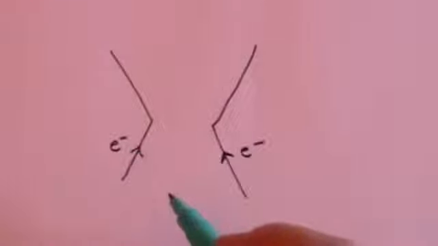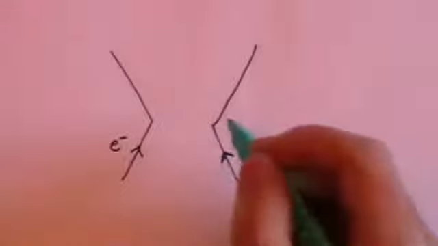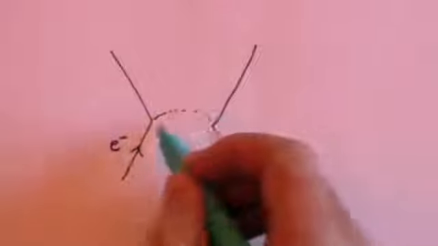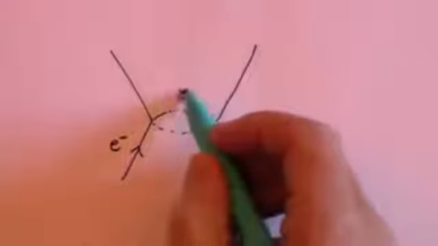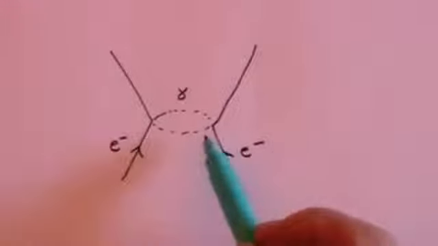What we've discovered is that the force exists because of virtual photons, which are called gauge bosons, or if you like, exchange particles, which are virtual because they do not exist forever.